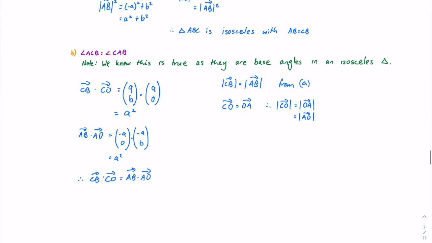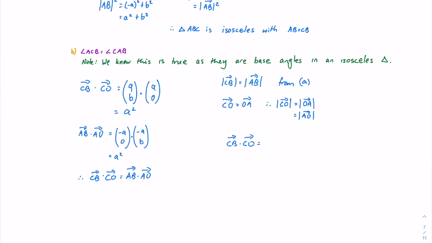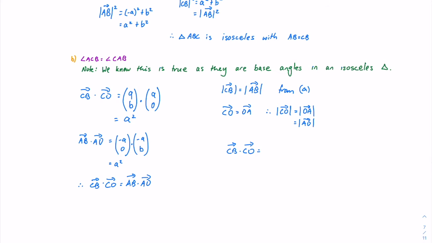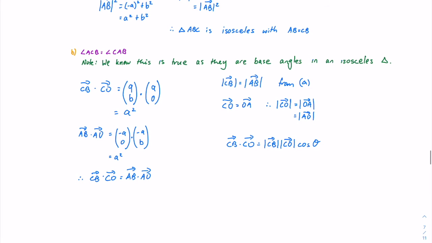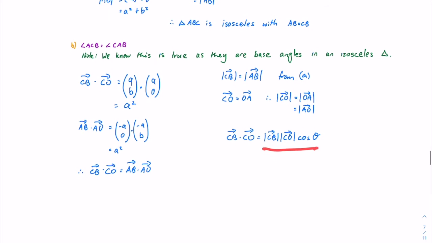It's a scalar, not a vector. So let's look at that dot product of CB times CO using the formula with the cosine in it. So it's the magnitude of CB times the magnitude of CO times the cosine of the angle between them. Now, interestingly though, we just said up here that the magnitude of CB is equal to the magnitude of AB. Also, the magnitude of CO is equal to the magnitude of AO.